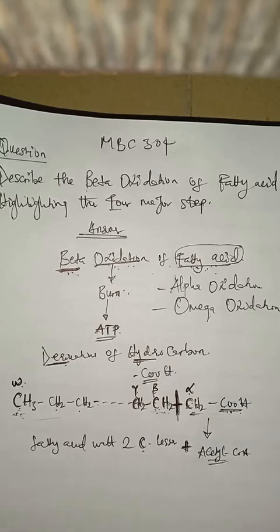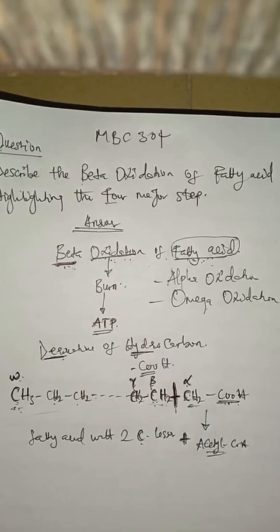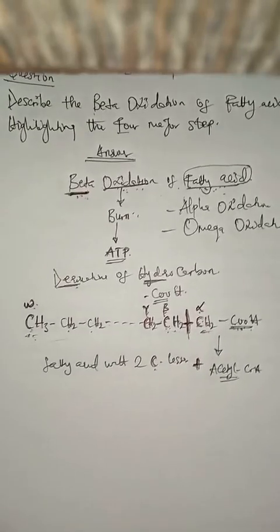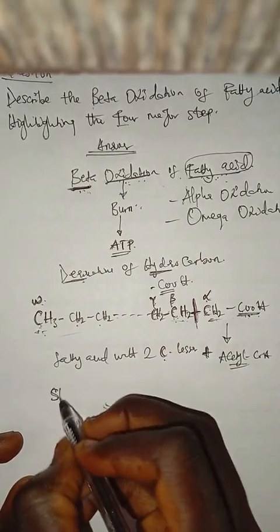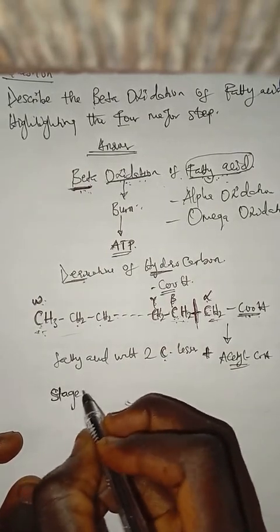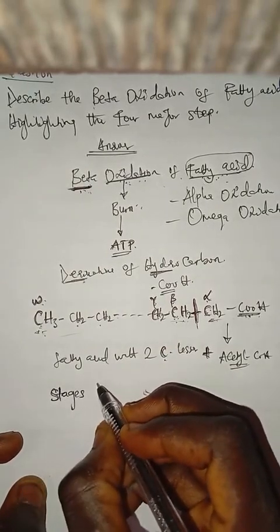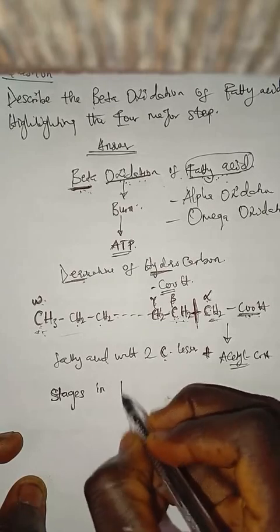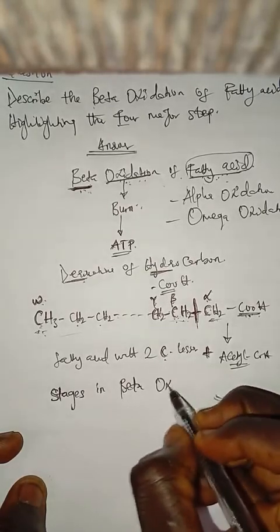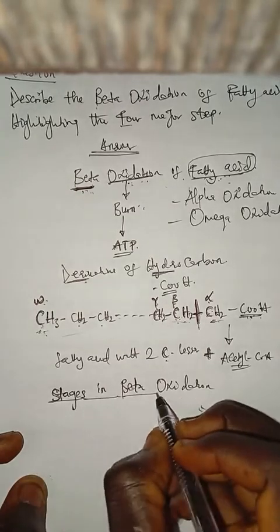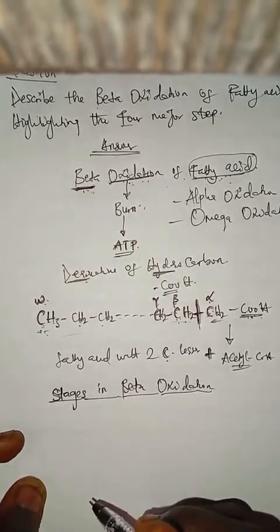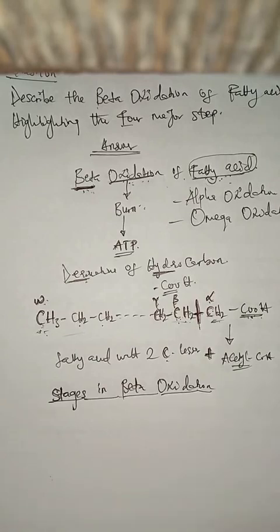If you have that general idea, we'll now go into the stages involved in beta oxidation. The stages I'm about to write are not the four major steps; those four steps are part of one of the stages.